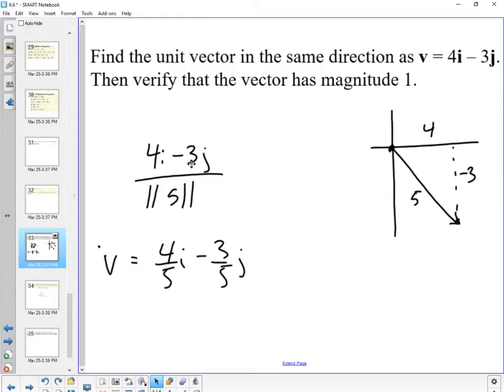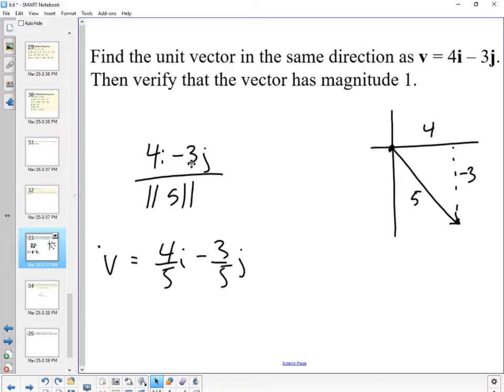Oh, I got it right. There's my unit vector.